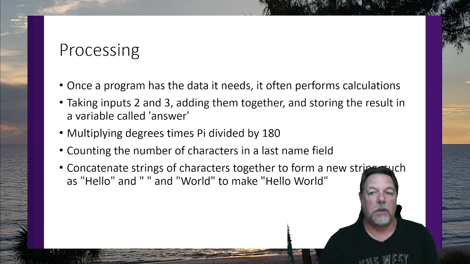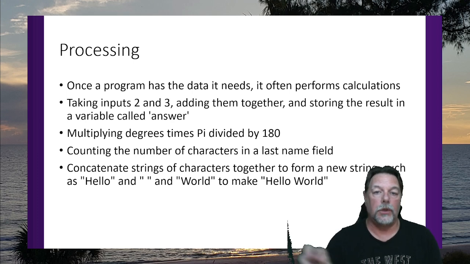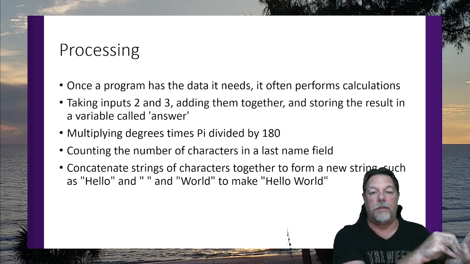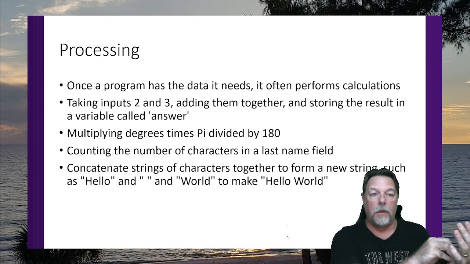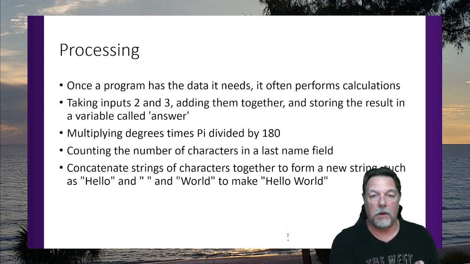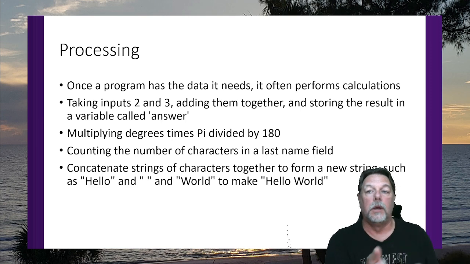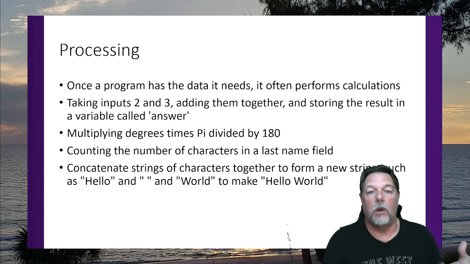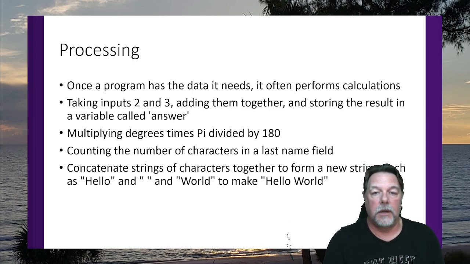So if I ask the user to enter an integer and the user gives me an integer 2 and hits enter, and I take that value 2 and I store it into a variable named first number, then later in the program when I refer to the variable first number, I would expect to get access to the number 2 that I put there earlier. That's all a variable is. A name for a location in memory that's intended to store a value that has some meaning to us.